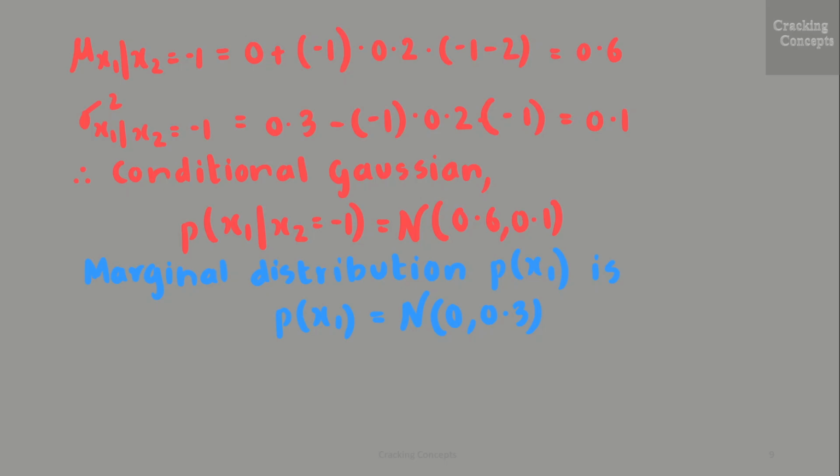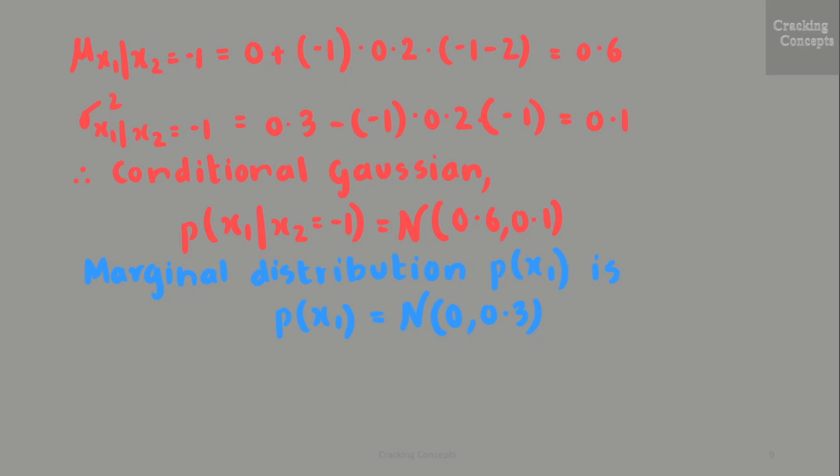On substituting the values in the previous equation, we get 0 plus -1 into 0.2 into -1 -2, which is 0.6. And sigma square of x1 given x2 as -1 is 0.3 minus -1 into 0.2 into -1, which is 0.1. Therefore, the conditional Gaussian is given by P of x1 given x2 equal to -1, which is a normal distribution with mean 0.6 and variance 0.1.